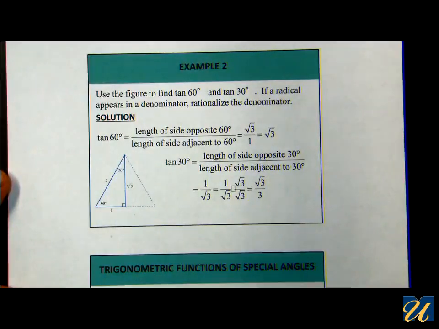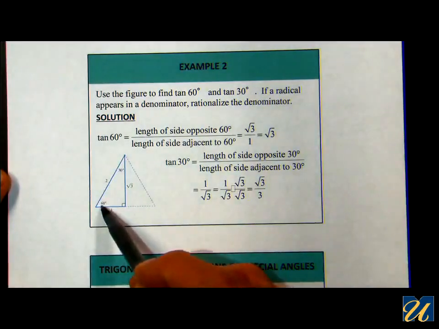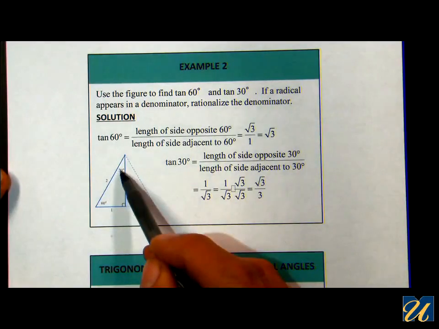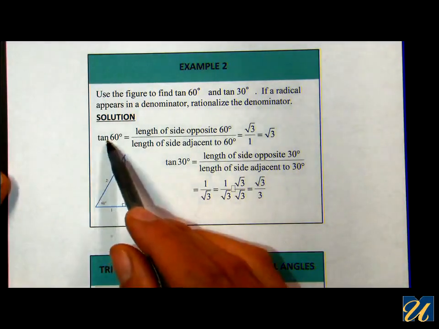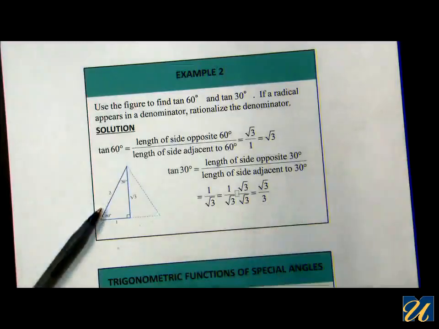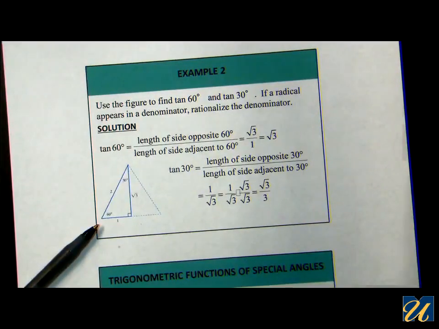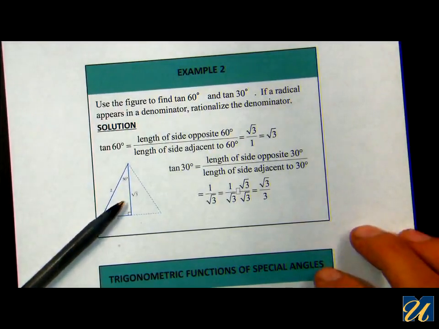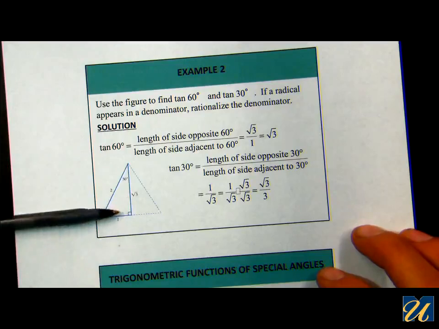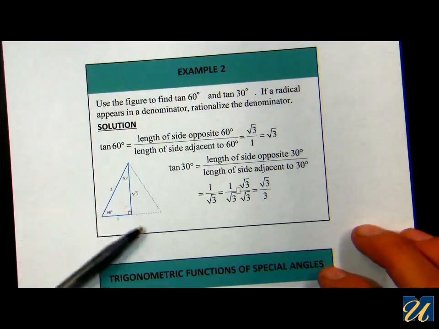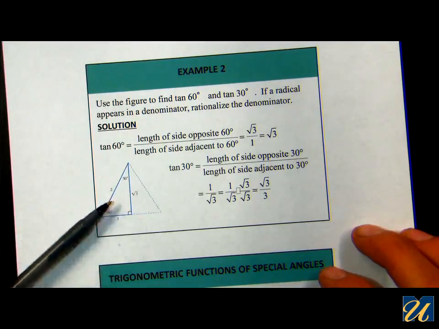The 60-degree angle is located here at the base. The 30-degree angle is up here. So if we want tangent 60, you then have to put your eye here at 60 degrees. Look through that angle, and root 3 is the opposite length right there. That makes this the adjacent length, and of course, opposite the right angle is always the hypotenuse.